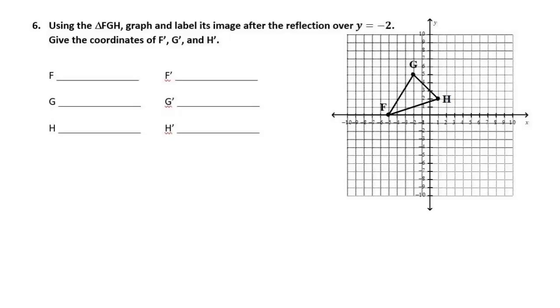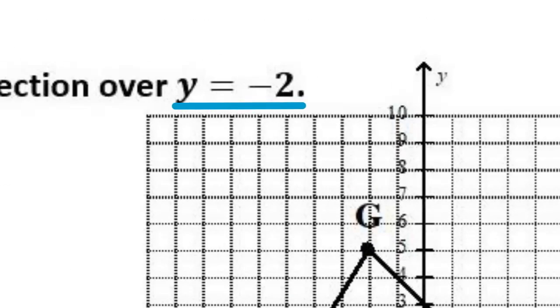Number 6 says, using triangle FGH, graph and label its image after the reflection over y equals -2. So I need to draw in y equals -2 first. So I need to go to the y-axis.